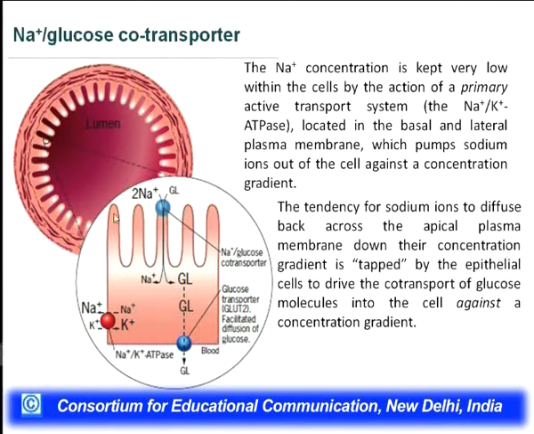The low concentration will propel this to happen passively. Now, since this can happen passively, this co-transporter uses this passive or facilitated diffusion, which is a passive mechanism, for the glucose molecules also to move inside against the concentration gradient. So this movement of the sodium ion is along the concentration gradient, because there is a lower concentration inside.